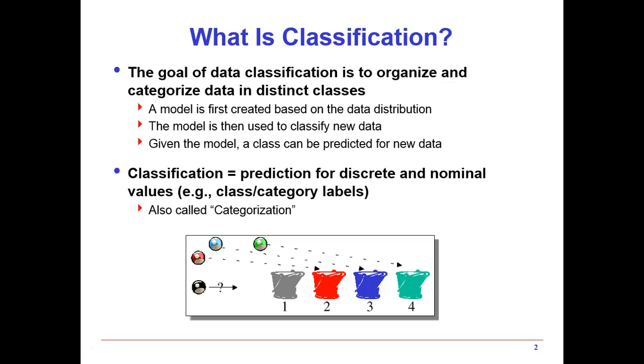Whatever the input data may be, the output label is yes or no, or true or false. Where only two class labels are there, we call it a two class problem. But we can generalize it to multiple classes also. If you look at this diagram, there are four different classes, and you have to classify the input data into these four classes.